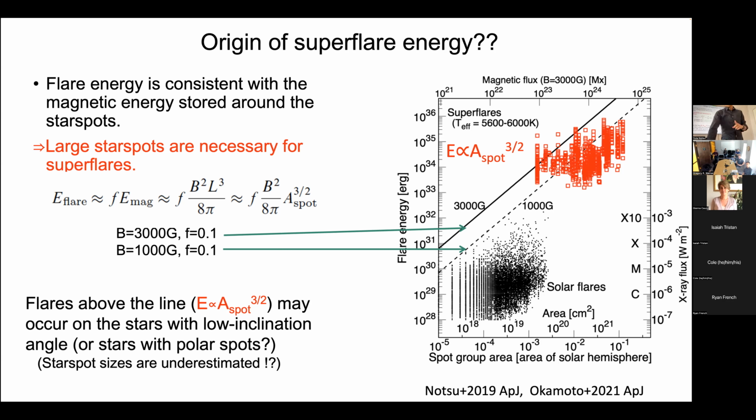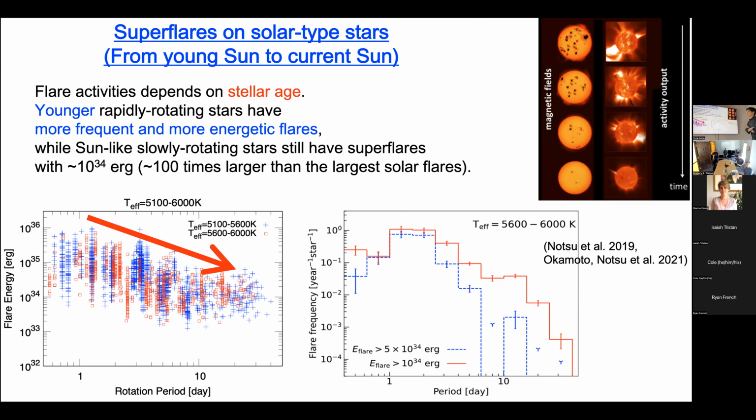And also, initially I explained that younger stars have many more superflares, very active superflares. It's believed in the past. This point of view is investigated in more detail with Kepler data because we have found many events. So then we can discuss how flare activity changes from the young, rapidly rotating sun to the current sun.